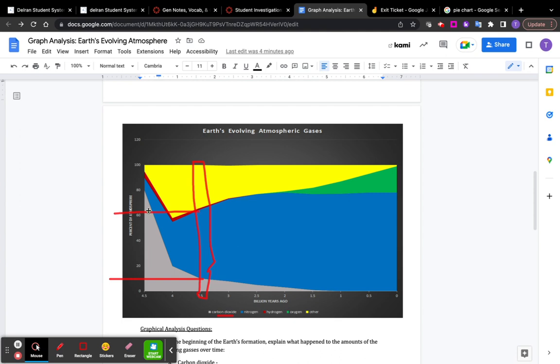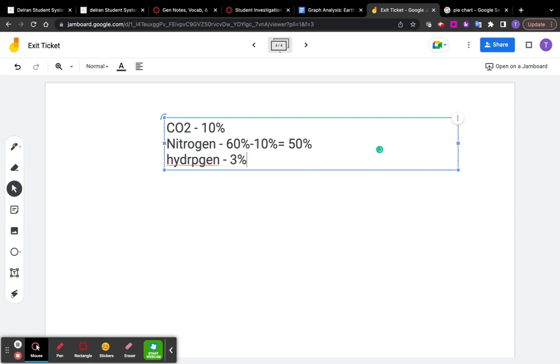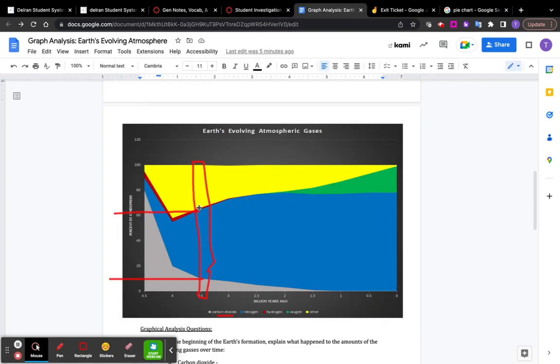And then for the red, that looks like a tiny bit. I would just say that's about 3%. So that would be hydrogen. About 3%. Typing is terrible. And now if we look from hydrogen, it starts about right here.